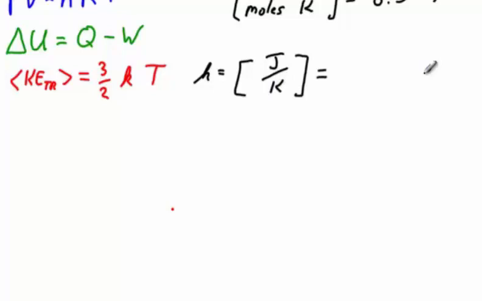Comparing to the result for R, you'll see that the only difference is that k does not account for using moles instead of the number of particles. In this case, the relationship between k and R is that k is R divided by Avogadro's number, which produces a result of 1.38 times 10 to the minus 23 joules per Kelvin.